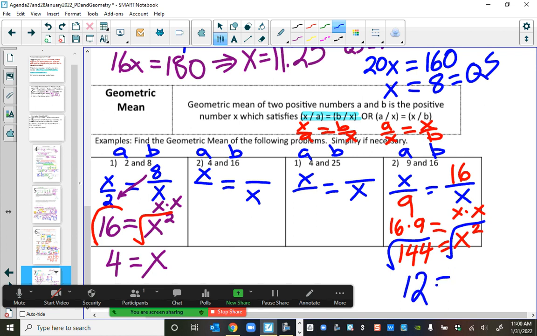All right, here's what I want to do. Okay, at this point, I'll give you the x values for the other two. Try them.